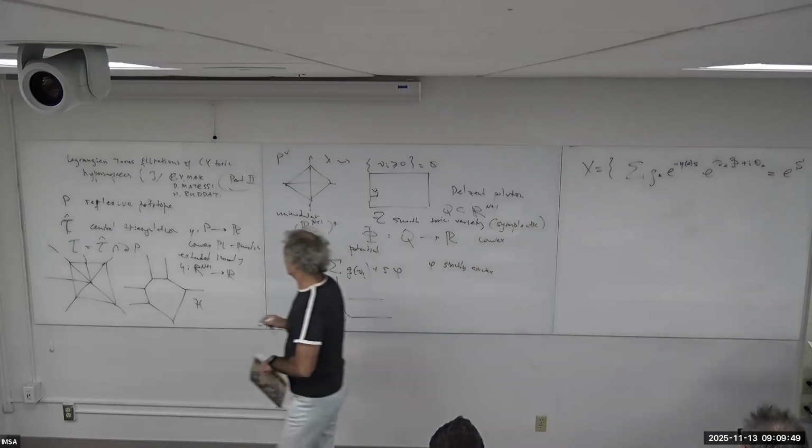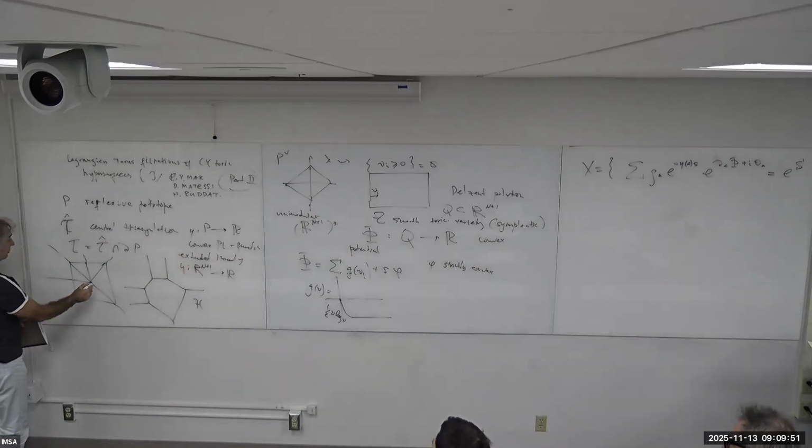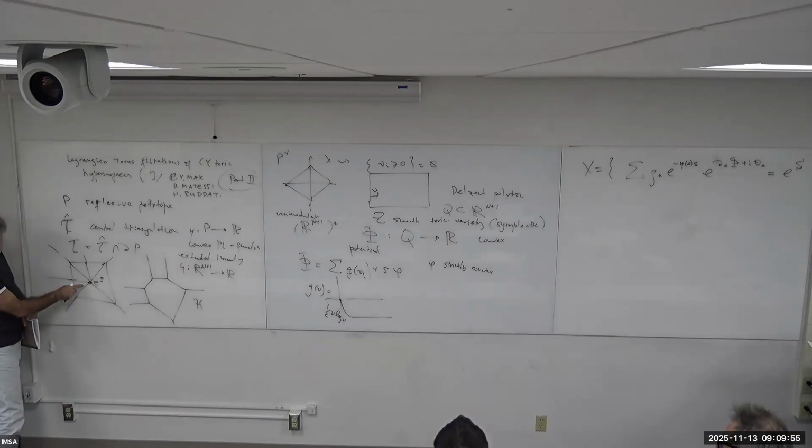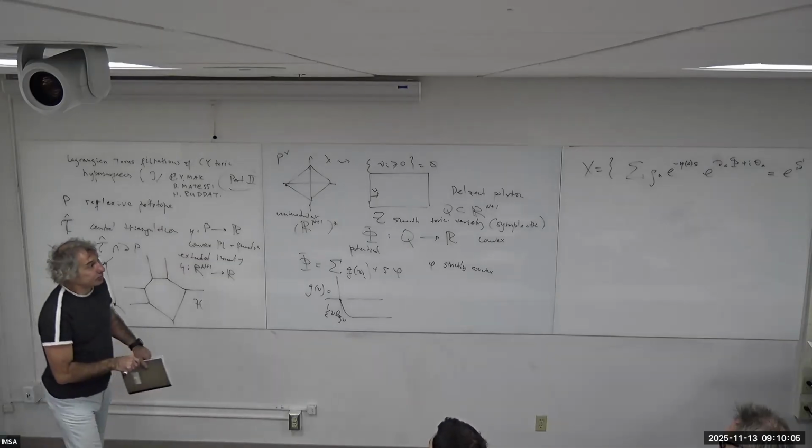This right hand side is this coefficient here, that's the e to the s here. That's the monomial which corresponds to the center point. And on the left hand side, I have my monomials which correspond to the boundary lattice points here.